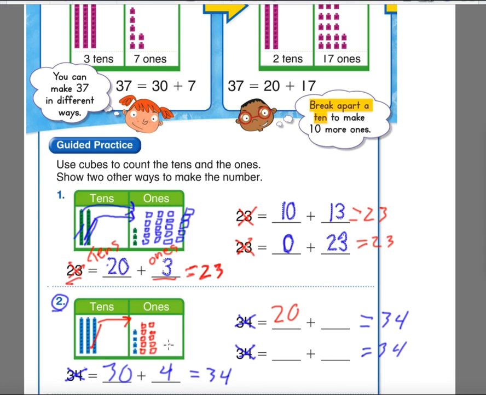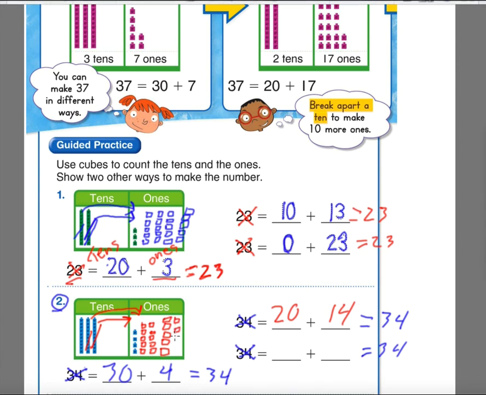Now, if you know the little pattern that we just figured out, you might already know the next one, which is fine. Or if you like to keep using the picture, that's okay too. We can get rid of this 10 rod and break it up into ones and put it over here. Let's make 10 more. 2, 3, 4, 5, 6, 7, 8, 9, and 10.